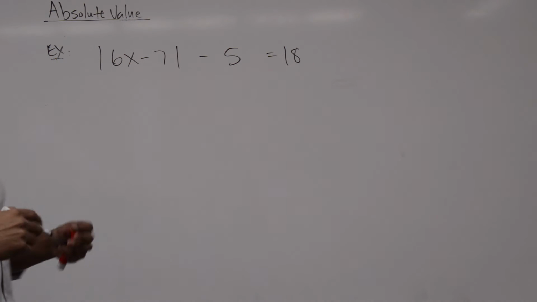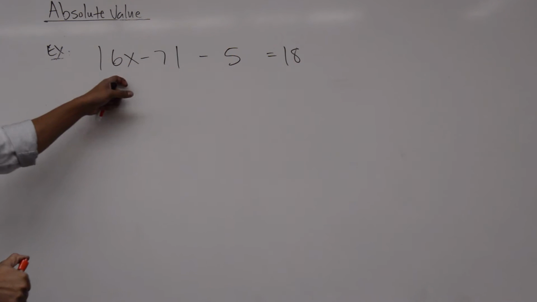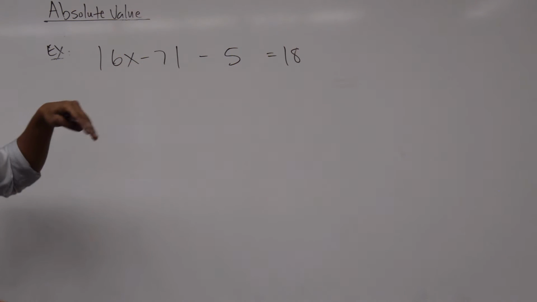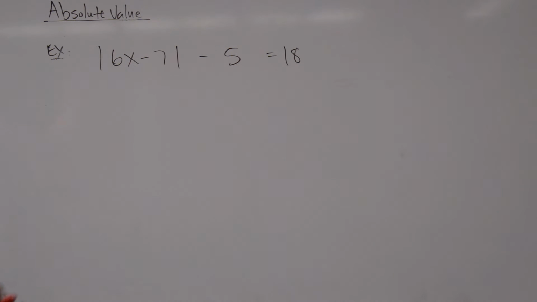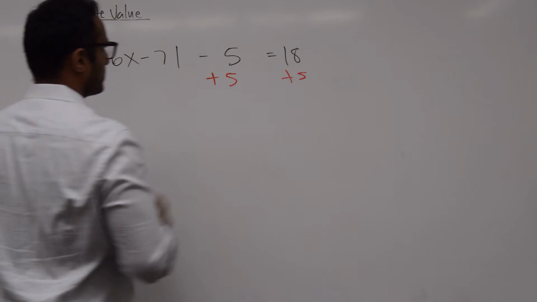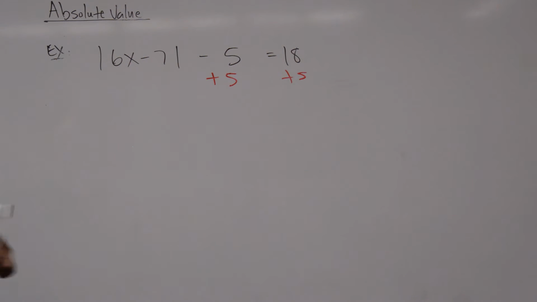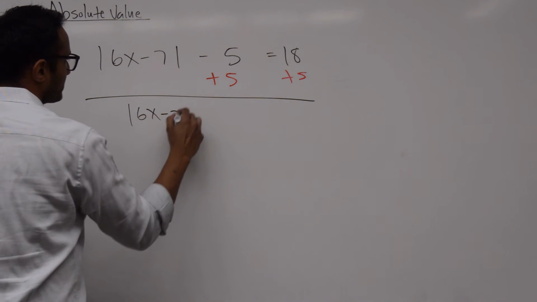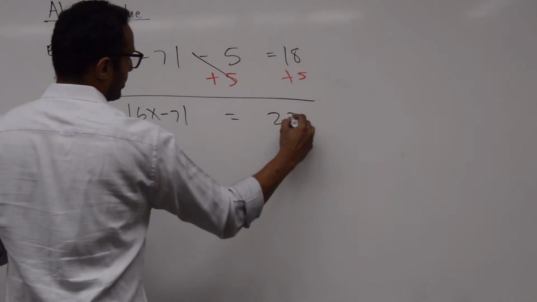Always, always, always do that first. If there is anything on the same side as the absolute value, you can't do anything with it. So we first have to start by adding 5 to each side. What happens? We get the absolute value of 6x minus 7 equals 23.